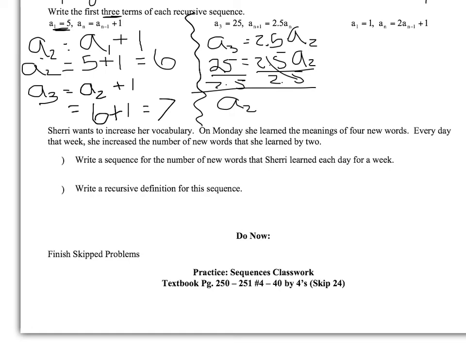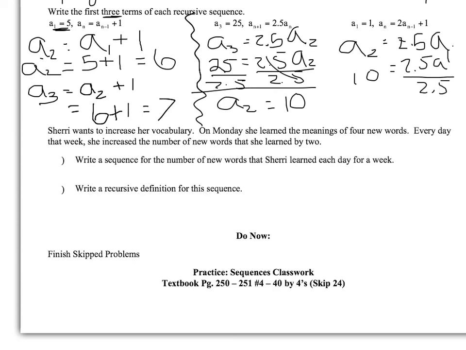You get A2 equals 10. Now to get A1, you're going to call the n plus 1 a 2 this time. Therefore, the a_n will be A1. A2 is 10 equals 2.5 A1. Divide by 2.5. And you'll get A1 is equal to 4.